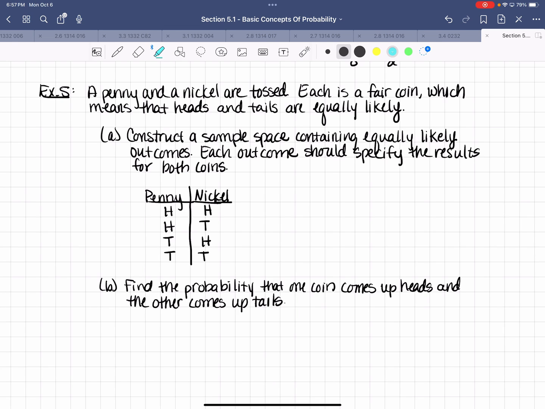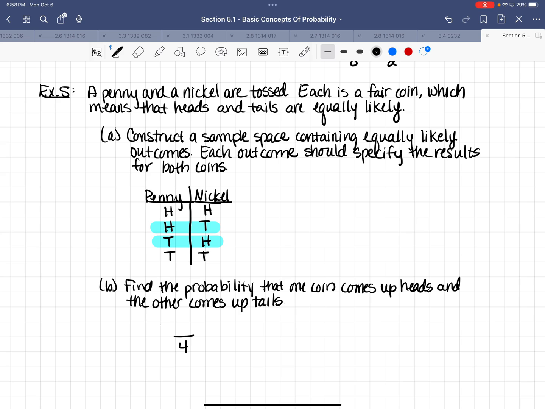So if I look back up at my sample space, which I made, I can have penny a head, nickel a tail, or I can have penny a tail, nickel a head, right? One comes up heads, the other comes up tails. So, how many total are there? There's 4.